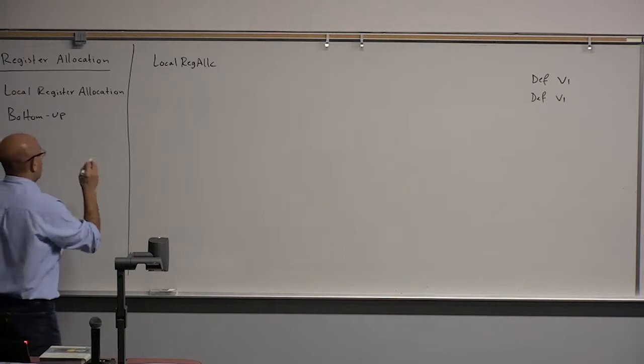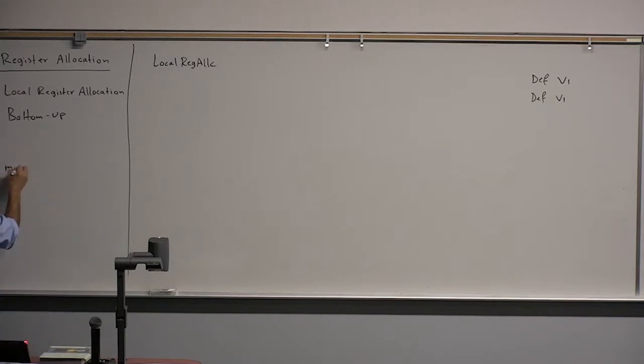If you have an operation like multiply R1 and R2 and put the result in R3, what does this define and what does it use? Defines R3. Yeah, it defines R3, and it uses R1 and R2.